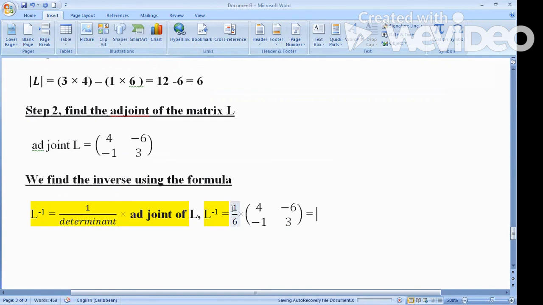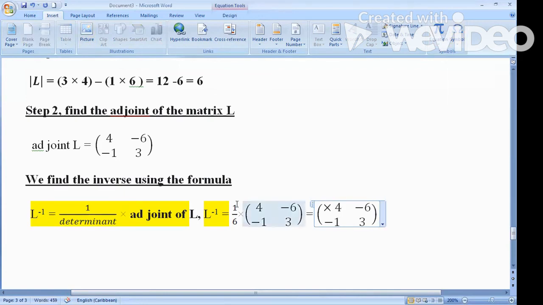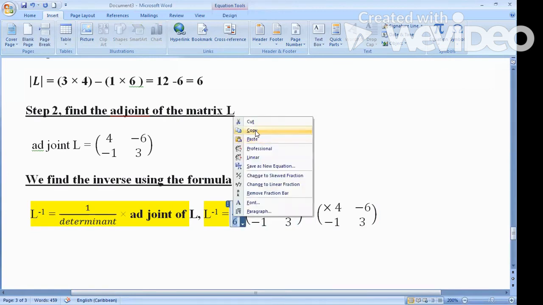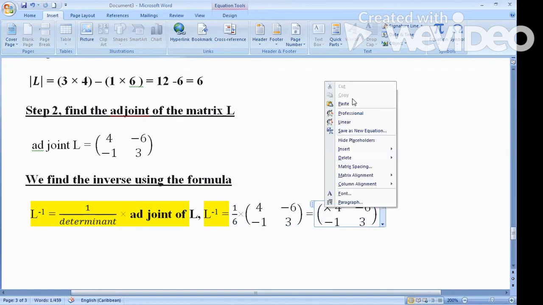We have to work out 1 over 6 times everything inside, and that will give us the answer. Let me see if I can do a little bit of magic.